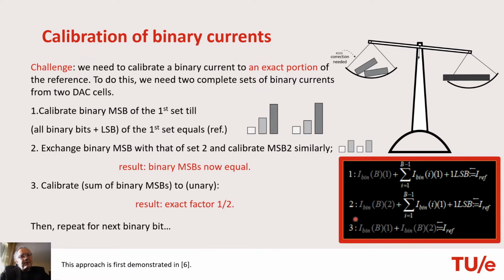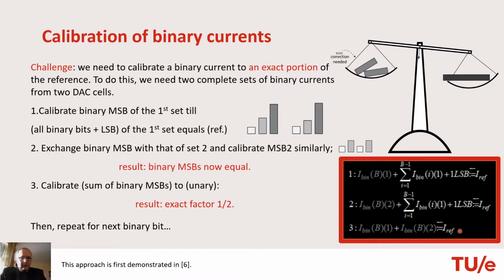In step 3, what you want is not only the MSB of the first set and the MSB of the second set to be equal, but you want their sum to be equal to the reference. If they are equal between each other and their sum is equal to the reference, this can only mean that each of them is 1/2 of the reference.